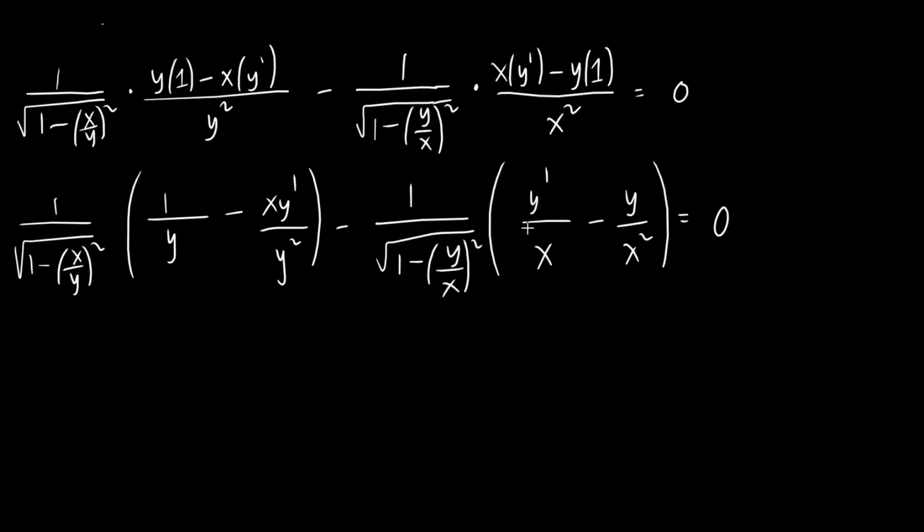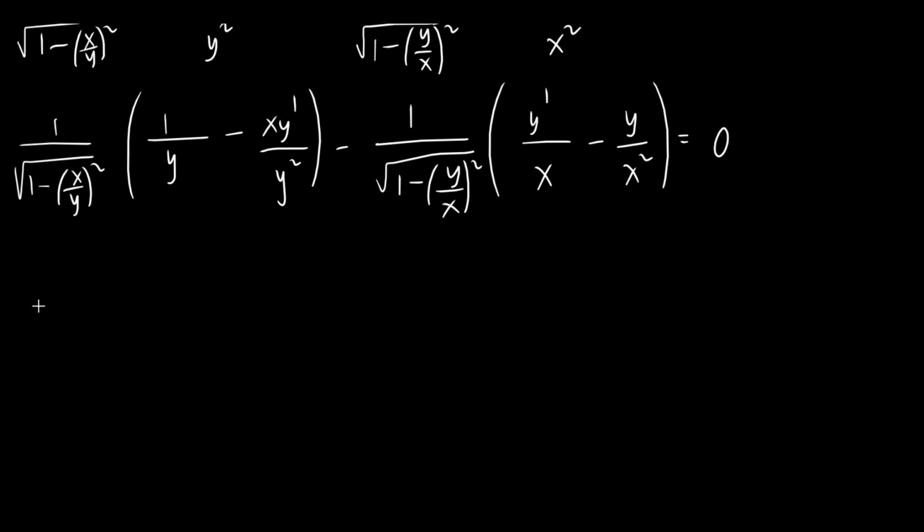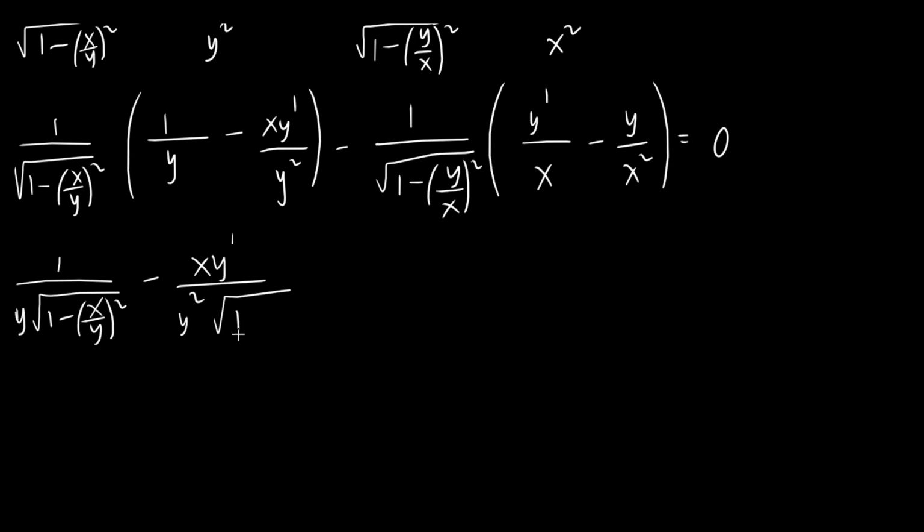So we will combine first this term. Just distribute. So we have 1 all over y multiplied by the square root of 1 minus (x over y) squared, minus x y prime all over y squared multiplied by the square root of 1 minus (x over y) squared.